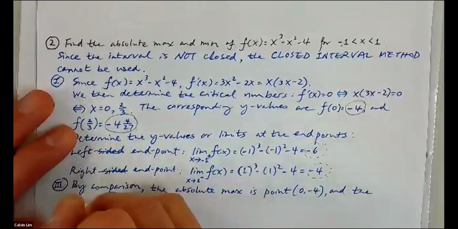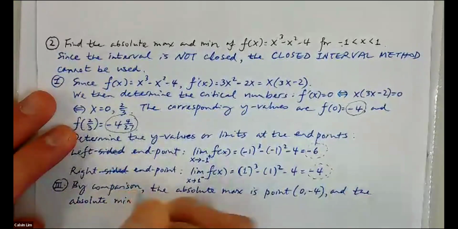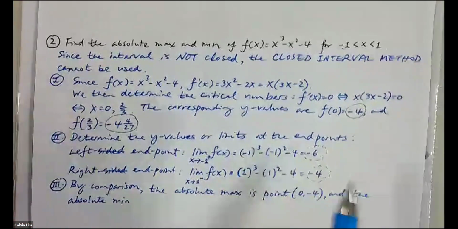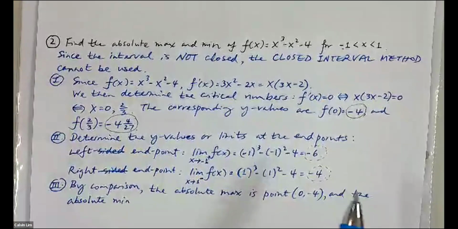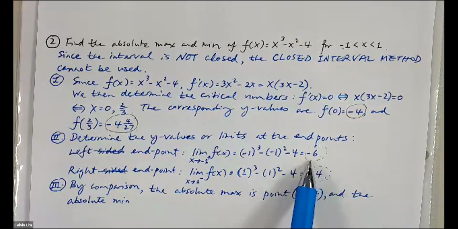And the absolute min: now compare the y values again. What is the smallest y value? -6, right? But is that a solid point? It's not a solid point.